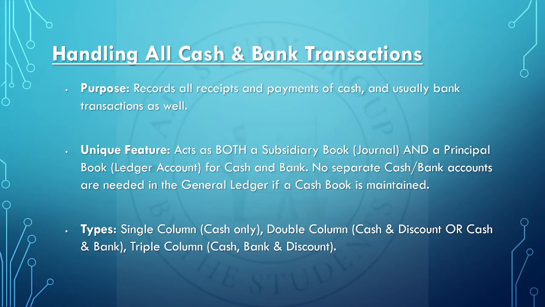Okay, now the cash book. The cash book is basically the king of cash. All your cash receipts, cash payments, and usually also the bank transactions are recorded here. It acts cleverly both like a journal and a ledger account. Generally the cash book can be of three types: single column, double column, and triple column.